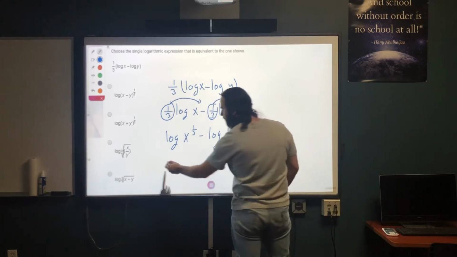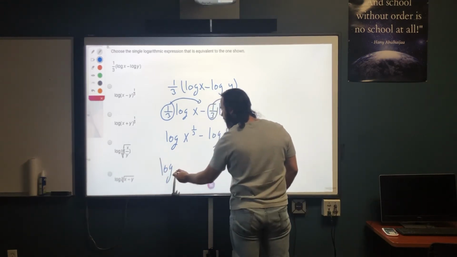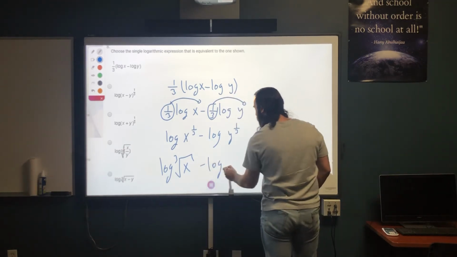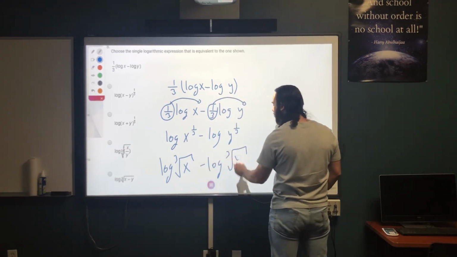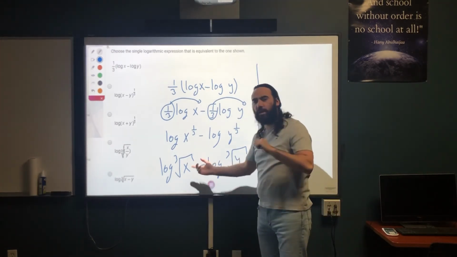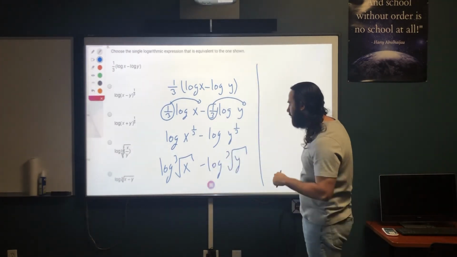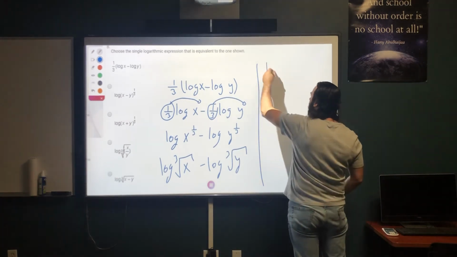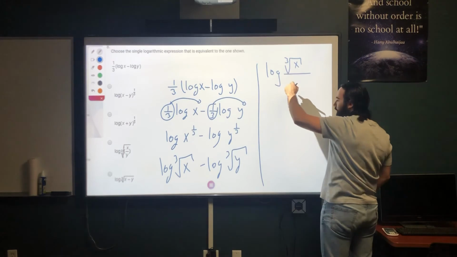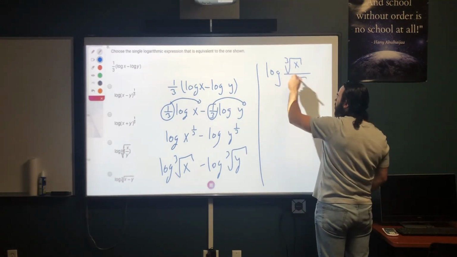So it's going to be log the third radical of x minus log the third radical of y. And the last thing, we said when we subtract two logs, it's the same as dividing in one log. So it's going to be log the third radical of x divided by the third radical of y.